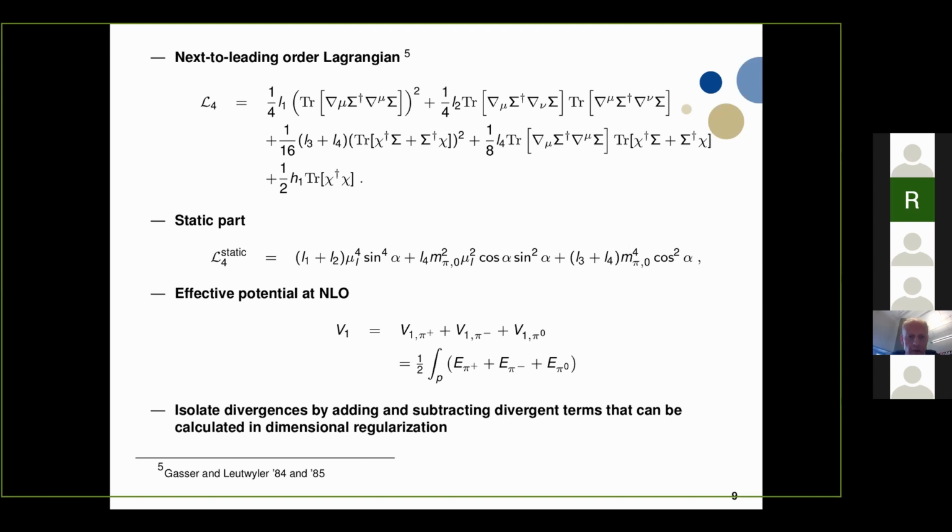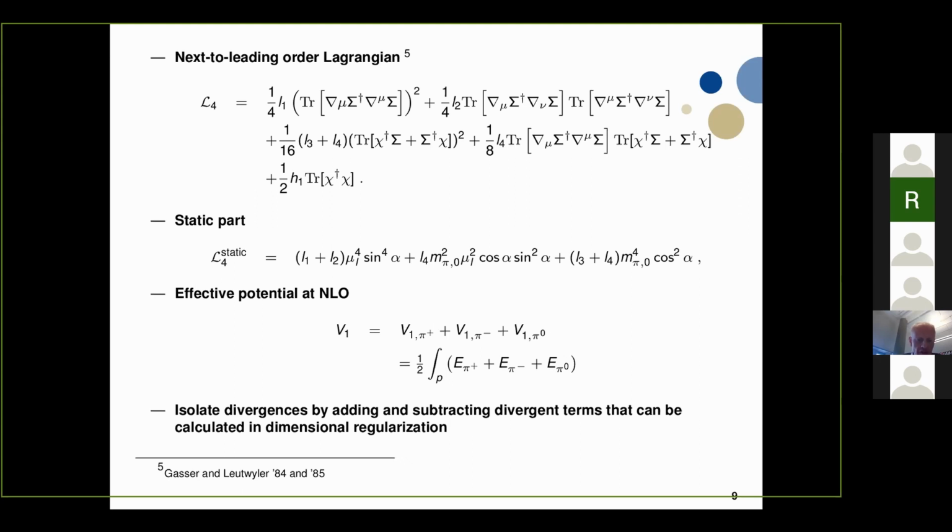Those are the terms that are relevant for the present calculation. Now, the static part involves 4 actually, low energy constants, and those constants have been determined experimentally. So that's the input we need to make predictions.